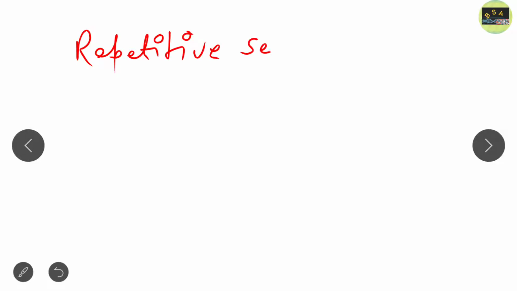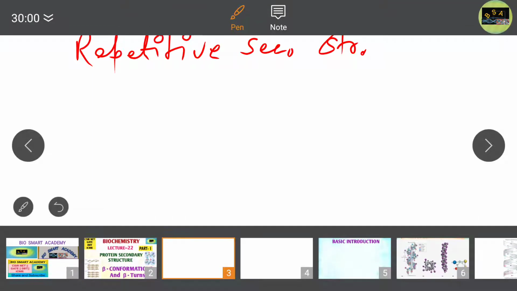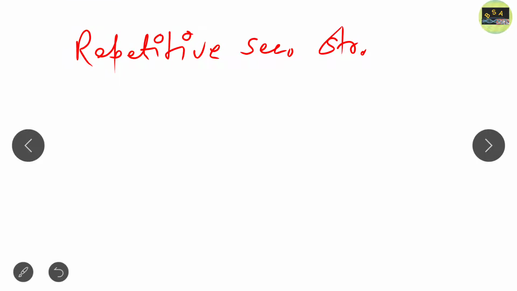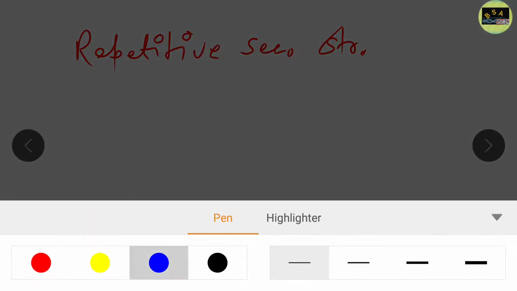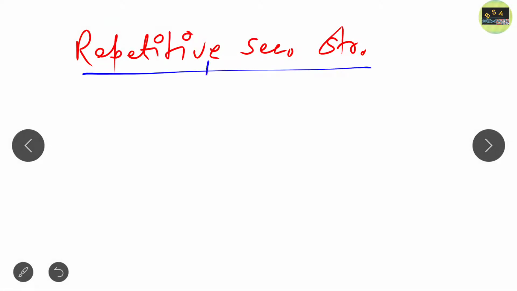In 1951, Pauling and Corey predicted a second type of repetitive secondary structure. Clear? These second type of repetitive secondary structures are the beta conformations.